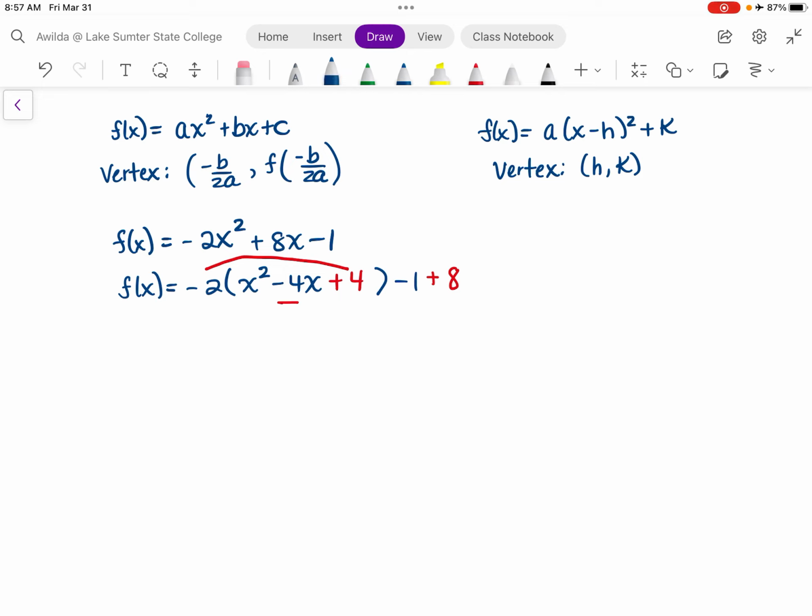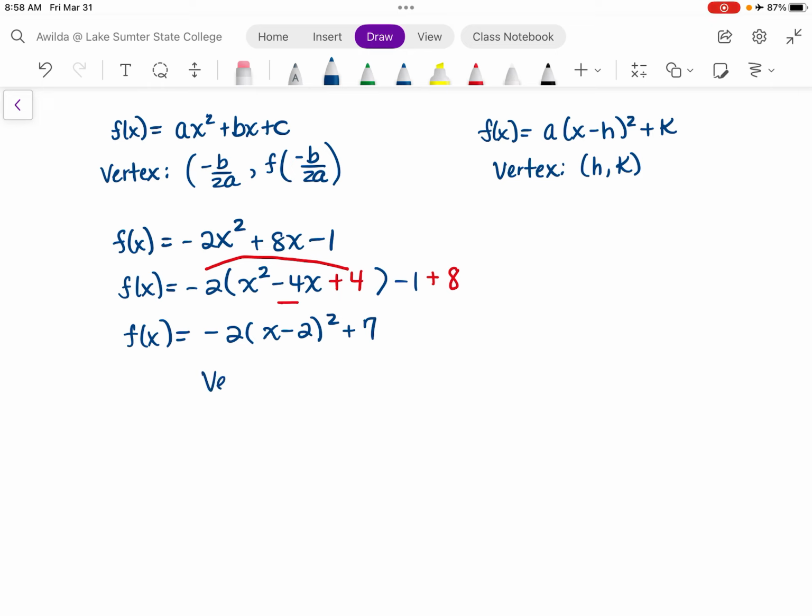Next, let's factor. So we have f of x equals negative 2, and then the trinomial x squared minus 4x plus 4 factors as x minus 2 quantity squared. And then negative 1 plus 8 becomes positive 7. So now we have the desired form for the equation.